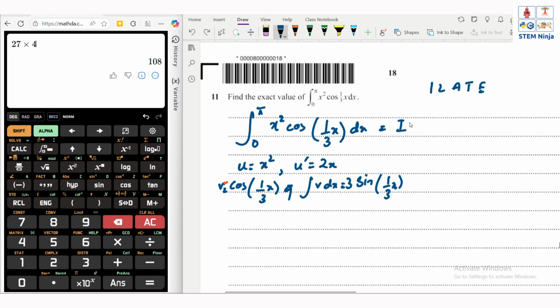Okay, so we know the integration by parts rule. That is u times integral v dx minus the whole integral of u prime times integral v dx, whole dx.